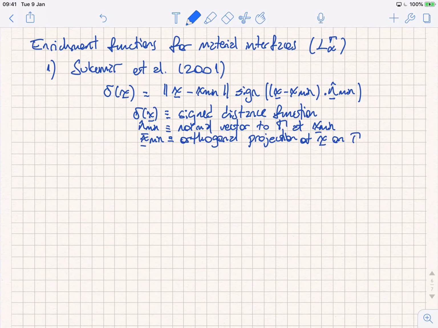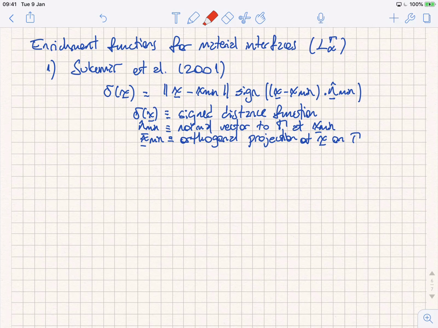So, what this complicated expression is computing is a signed distance, right? Clearly, the first term is just a magnitude, so there is no way I can determine the sign there. And so I am multiplying that with a second term that is just telling you whether one point is on one side of the discontinuity or on the other side. And how do we do that? Well, we use the normal vector to the discontinuity, right?